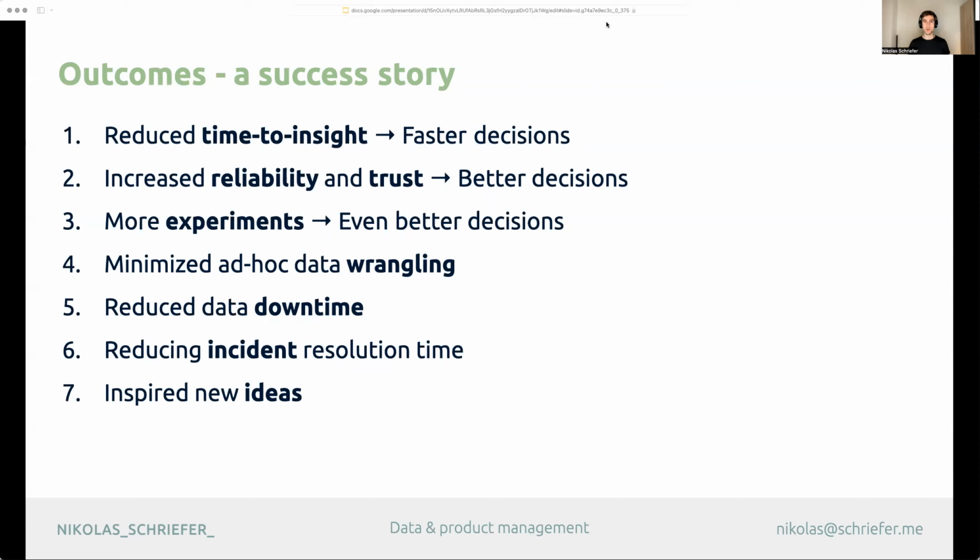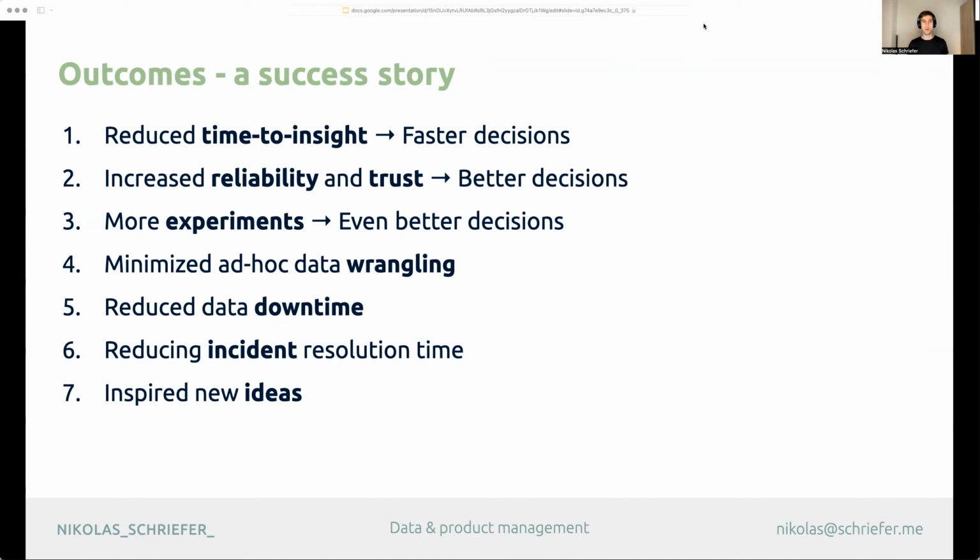In this case, since we are looking at it from after the fact, the outcomes that we actually achieved by implementing the data mesh at Linkfire. There are multiple, and this is like 7 that I wanted to list here to hopefully inspire you, give you an idea of why it could be worthwhile to think about that concept.